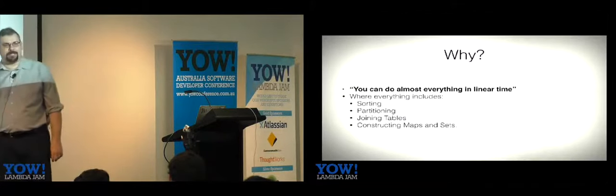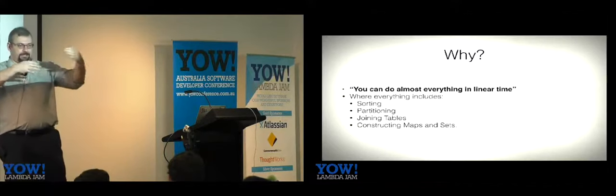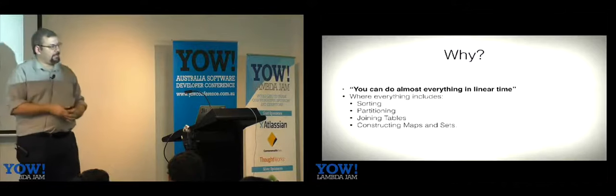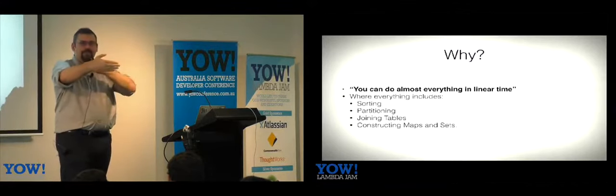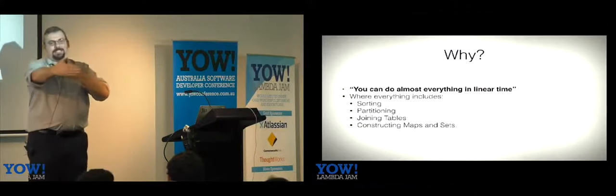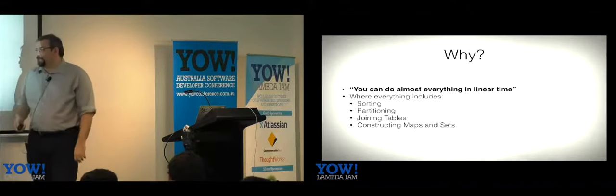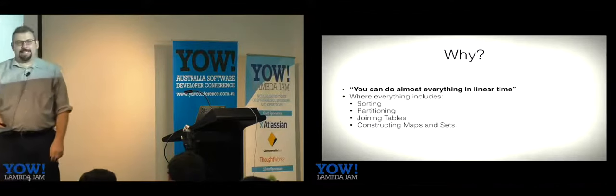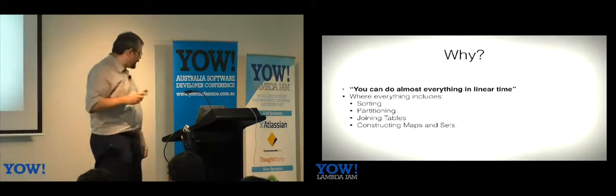We can take a whole data set in for 2 sides of a join that we want to be able to compute, break them up to where the 2 things agree on the key, or whatever the column is that you're joining on, and spit out the result, and it's linear in the total amount of input and the total amount of output. We can also construct Data.Map and Data.Set in linear time using this technique as well. And so I'll get to all of those individual pieces.